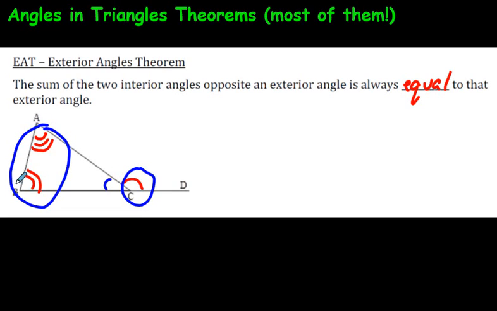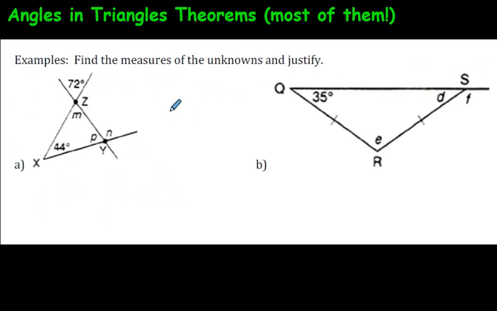This angle plus these two have to add up to 180 degrees because it's a triangle. This same angle plus this angle also has to add up to 180 degrees. So that means the things with the two circles have to be equal to each other. They have to. Next one.